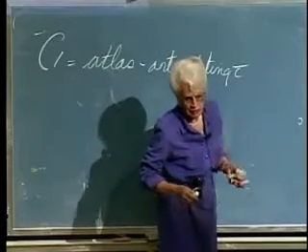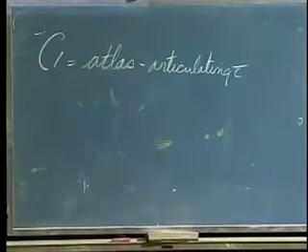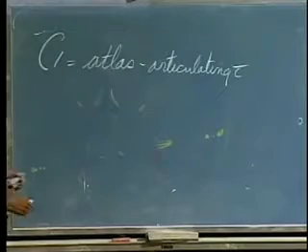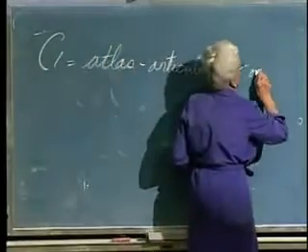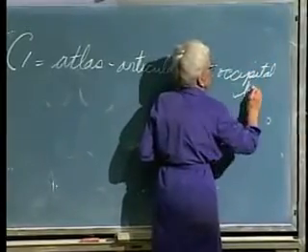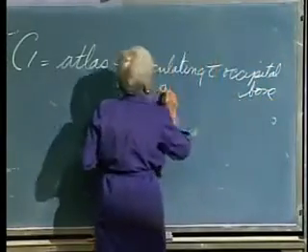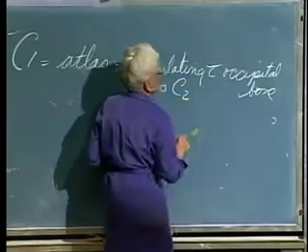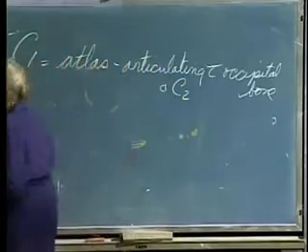Occipital, right? Here's the back of the skull. Here's occipital. Here's the atlas vertebra. So it articulates with occipital bone and with C2.